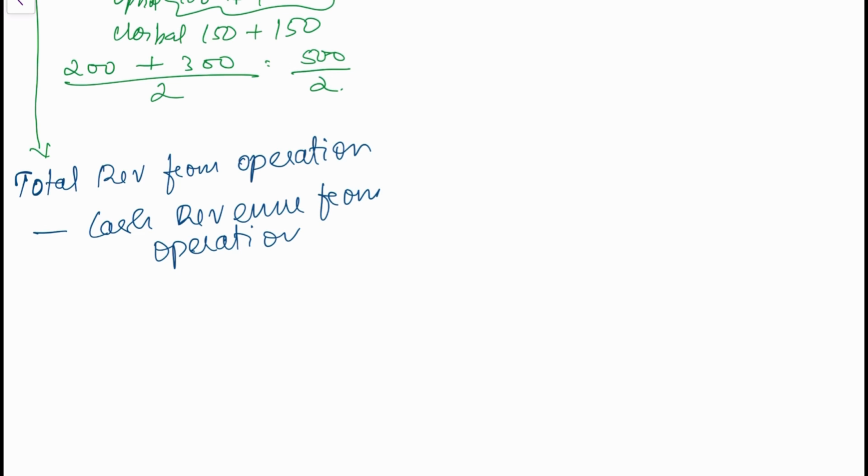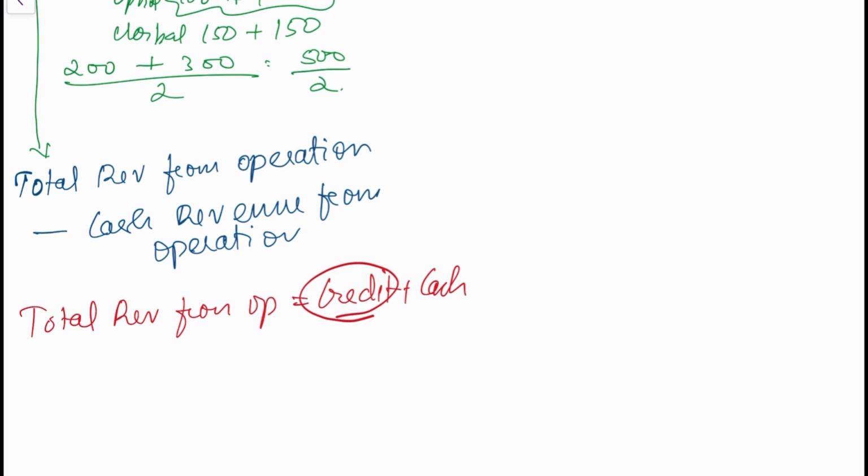Always keep in mind that total revenue from operation is equal to credit plus cash. So what will be the credit revenue from operation? It will be total revenue from operation minus cash revenue from operation. And what is cash revenue? That is total minus credit. Okay.